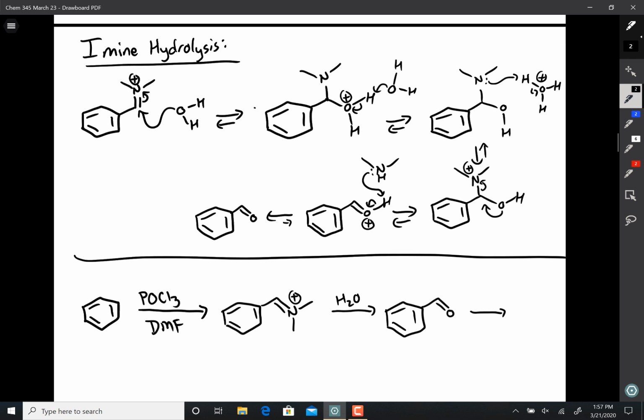And then if you want, you can change that aldehyde into a carboxylic acid by oxidizing it, by either chromic acid oxidation or by using the Baeyer-Villiger oxidation. Either one.